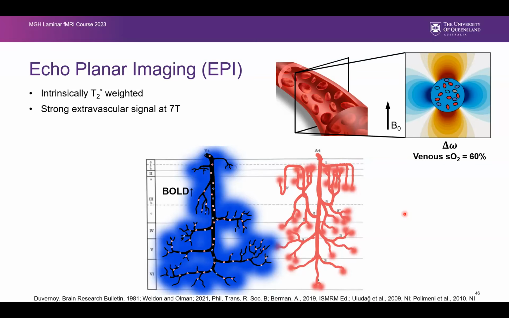Sometimes you will see or read that at 7T you get a strong extravascular signal. And I wanted to explain that term a little bit because I see it sometimes in the literature and I find it a little bit confusing. So if we put a vessel filled with partially deoxygenated blood perpendicular to the B0 field, the main magnetic axis, actually at higher field, the strongest T2 star changes are because of magnetic fields that are outside of the vessel.